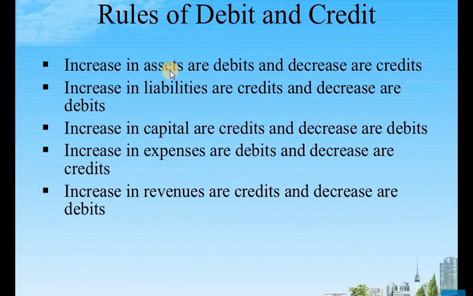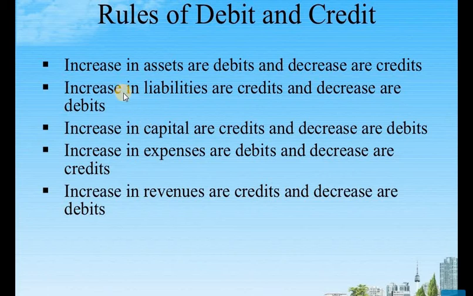For example, I am purchasing a building. Building is coming in, so building account debit, cash account credit. When I am selling it, I am getting cash, so cash account debit to asset account, like building account. So when it is decreasing we credit, when it is increasing we debit.